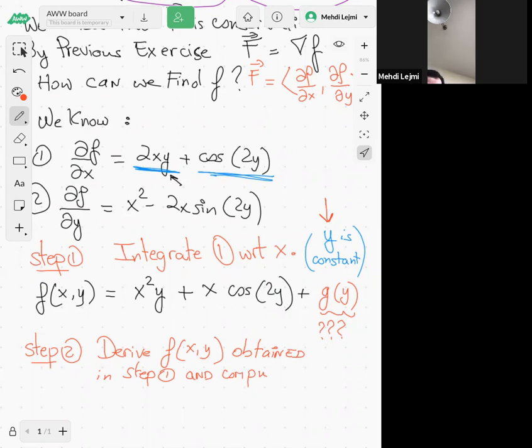So we derive f obtained in the first step with respect to y, of course, and compare it to equation number 2.